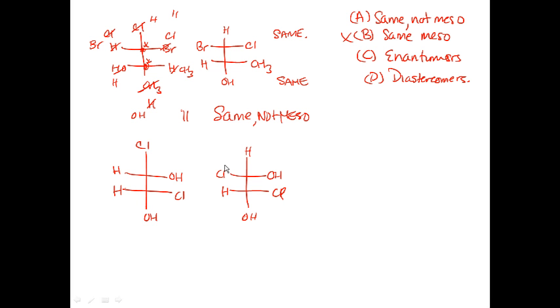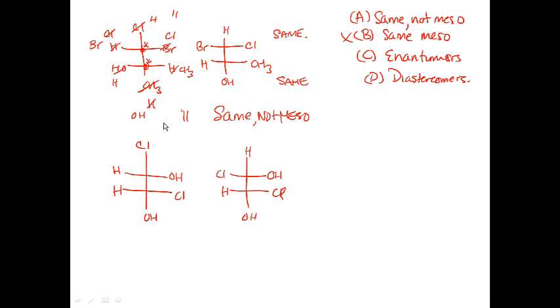When I look at this problem, the first thing I see is two chiral centers, each of them having a chlorine, hydrogen, and an OH group. So I immediately think, okay, these could be meso compounds, or they have the possibility of being meso compounds.